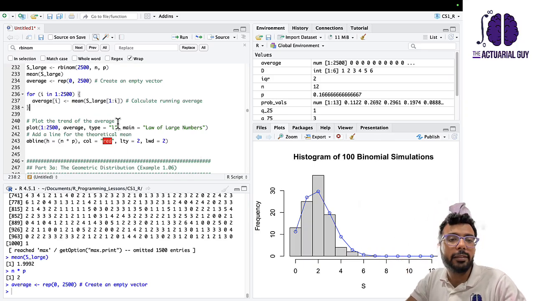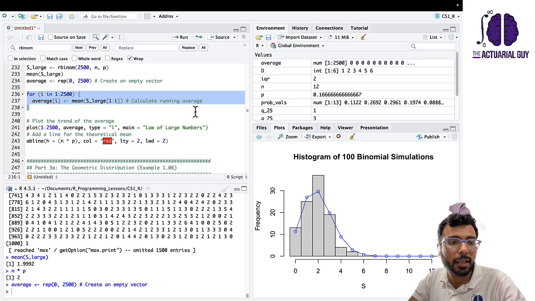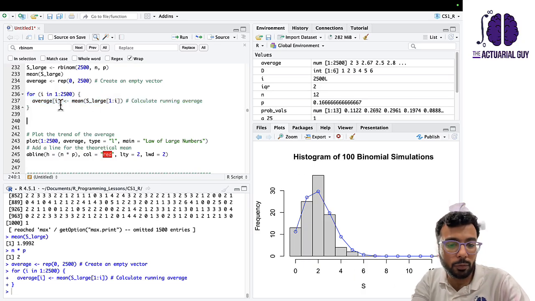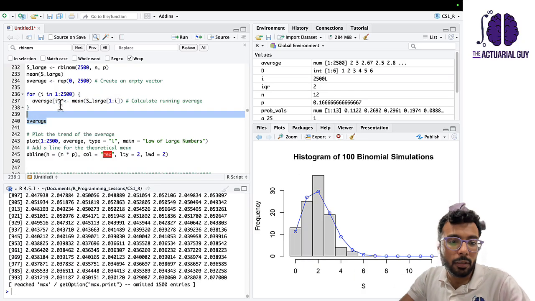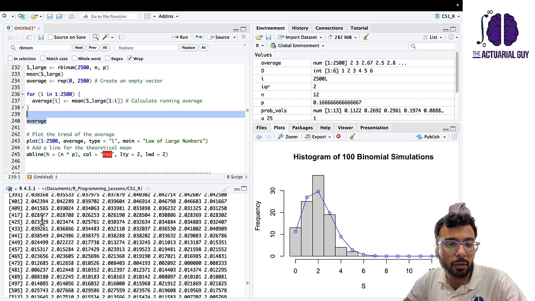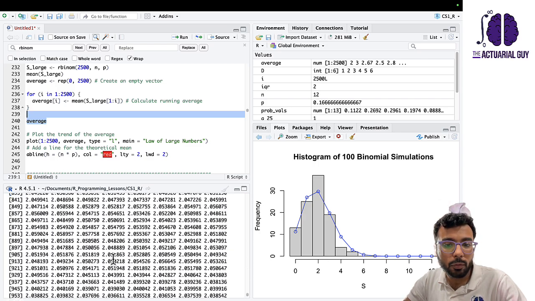I'll show you what this mean looks like. Let me actually run this for loop and take this running mean. Now if I show you this average vector, you will see that the mean is calculated for i going from 1 to 2500.